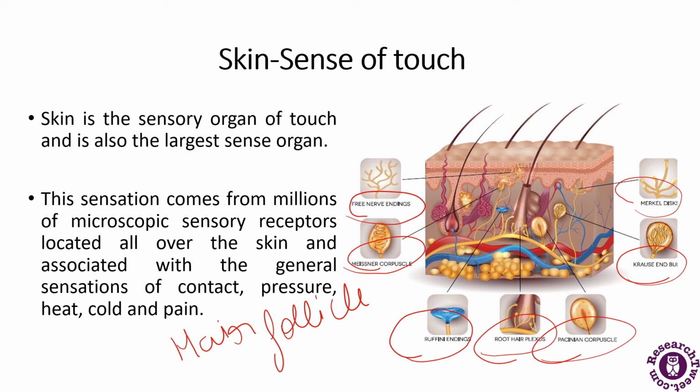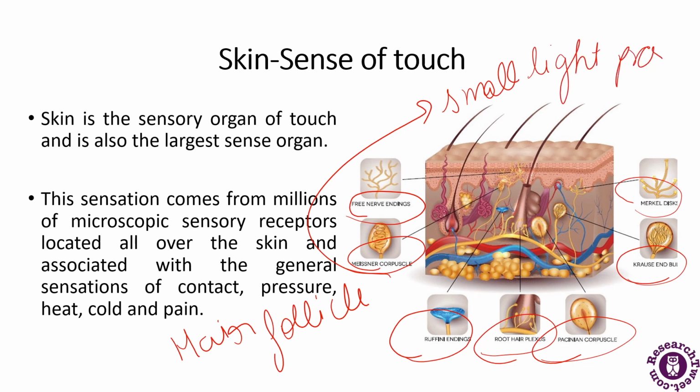Meissner's corpuscles are small light pressure receptors found just beneath the epidermis in the dermal papilla. They are numerous in hairless skin such as fingers and soles of the feet.